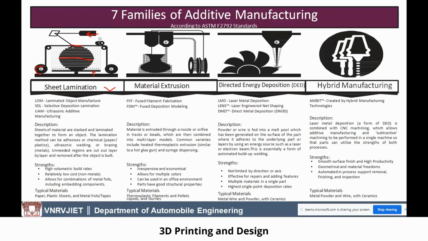Once it is exposed to the light source, that area will be melted and the material will be cut. If I show here, this is the sheet, and the laser beam is moved like this.